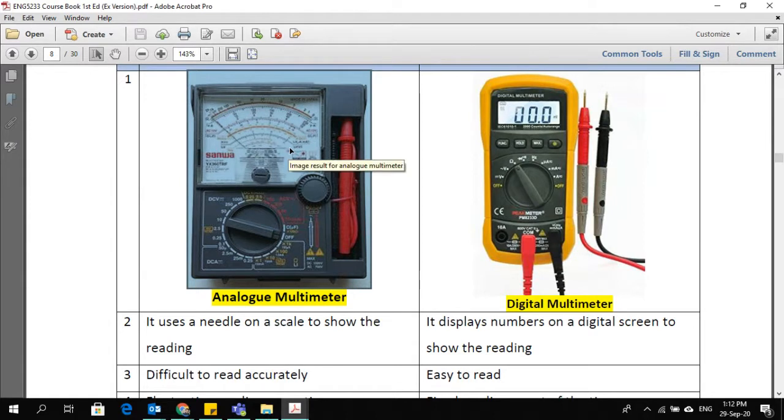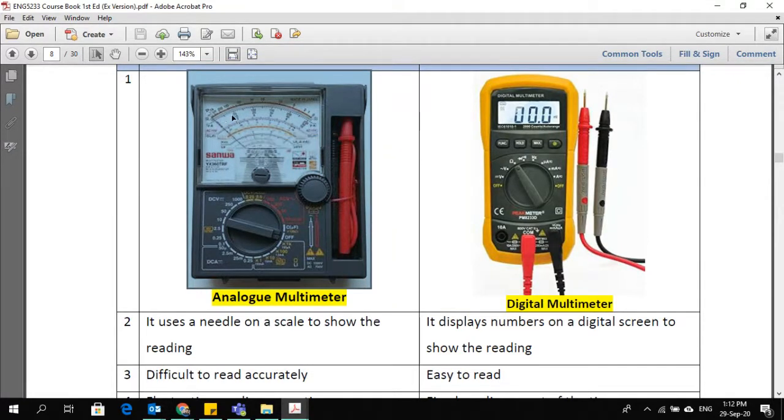For each scale there must be written some kind of unit. One could be for resistance, one for voltage, for current, for other things, and the numbers mentioned on them show the reading, and there is a needle which deflects on the scale, and where it points, that will be your reading of the parameter which you are measuring.